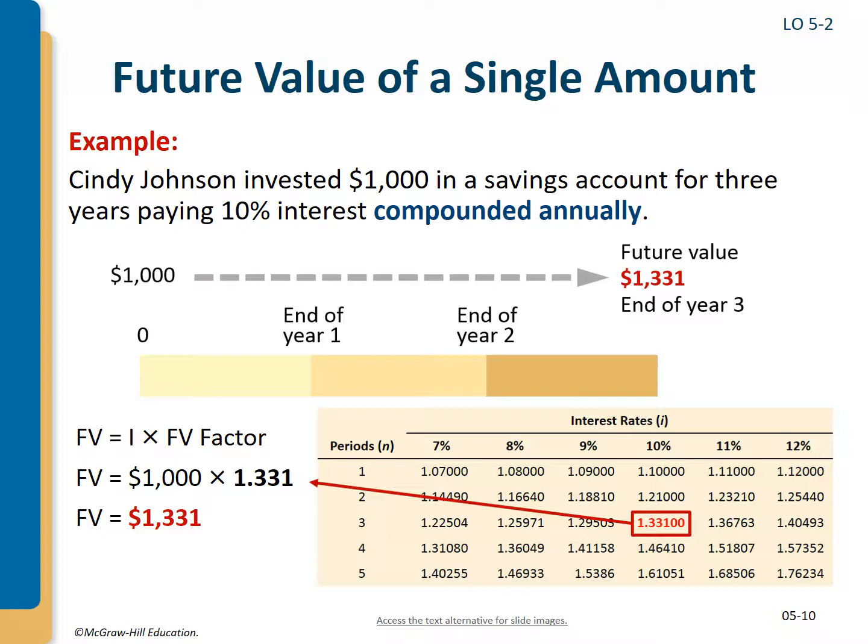N is the number of compounding periods. So how many times does this money compound? Well, 3, right? 3 years, once a year. The next is interest rate. So you'll use your arrows in the top right corner to navigate. I percentage. Put it in as a whole number.